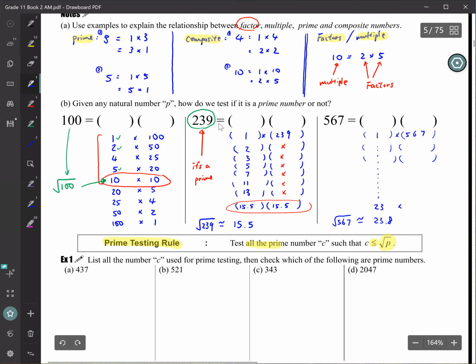You can go from small to big, and then once you find any one that works, you can already conclude it's not a prime, okay? You keep testing until you reach 23 if you need to, right? Right, so please raise your hand again when you finish testing.